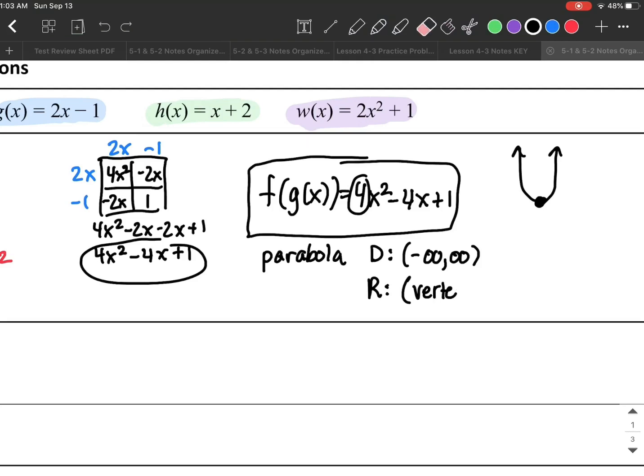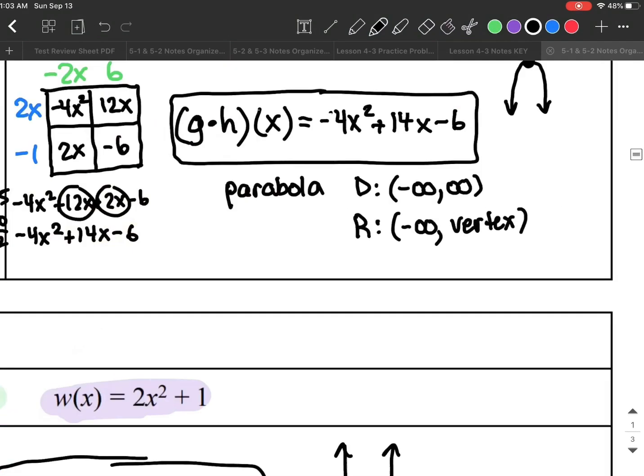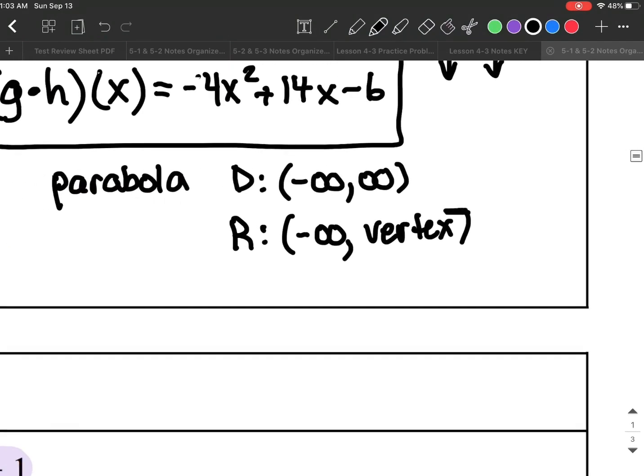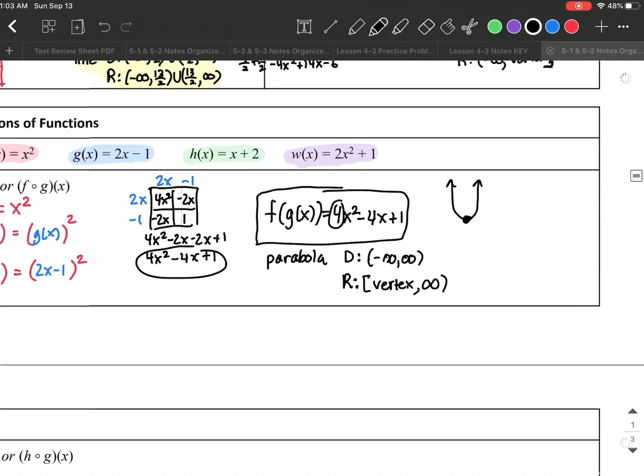So it should have a bracket, just like the previous one should have had a bracket as well that I wrote. So vertex, comma, infinity. So where's the one that I wrote? Yeah, this one here. This should be a bracket because the vertex is included. All right, so that's that.